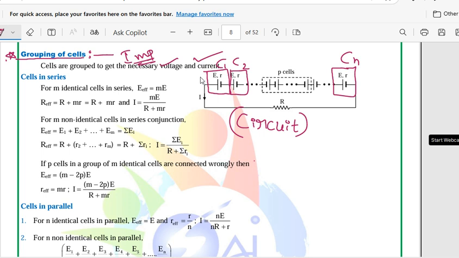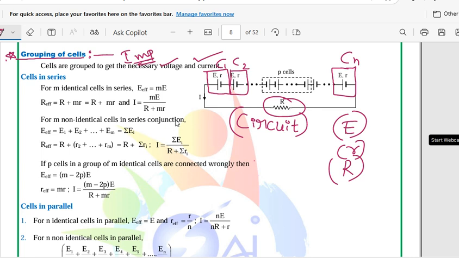Consider n identical cells C1, C2 and so on up to Cn, each of EMF E and internal resistance r, connected in series to an external resistance. This is the external resistance, capital R.